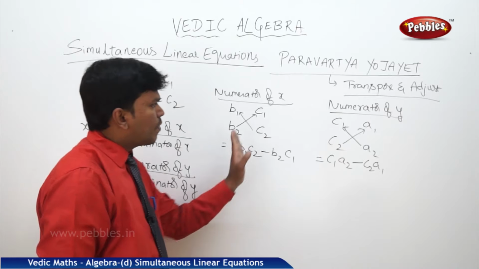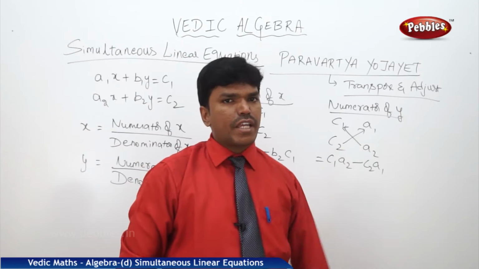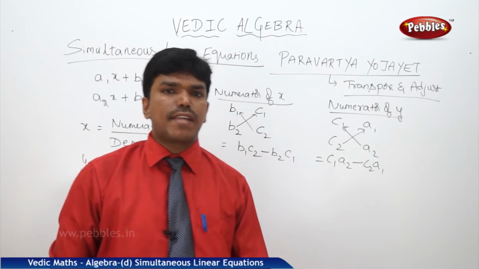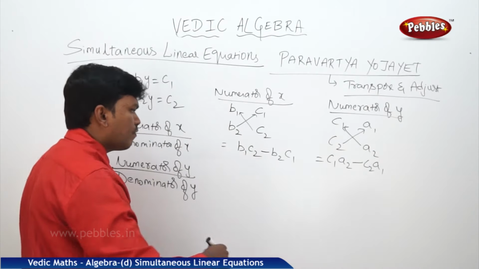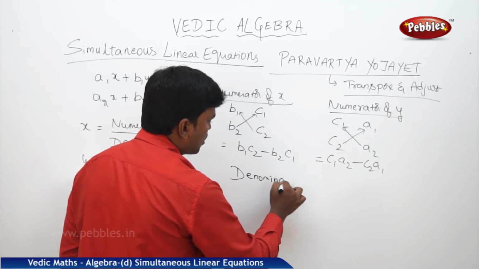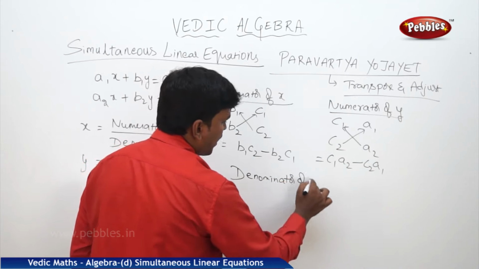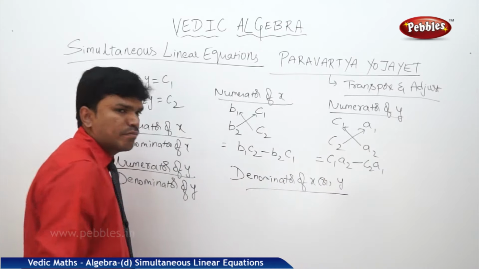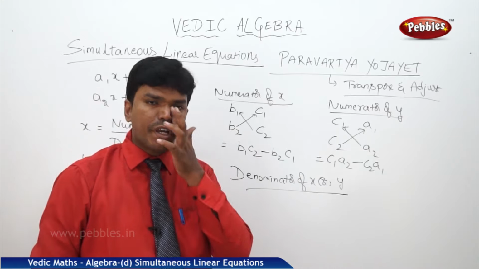So we got the numerator of x and the numerator of y. What about the denominator of x and the denominator of y? I want to tell you one thing: the denominator of y and the denominator of x are both the same. So how do we get that?